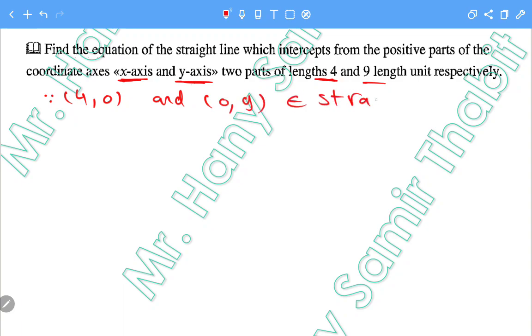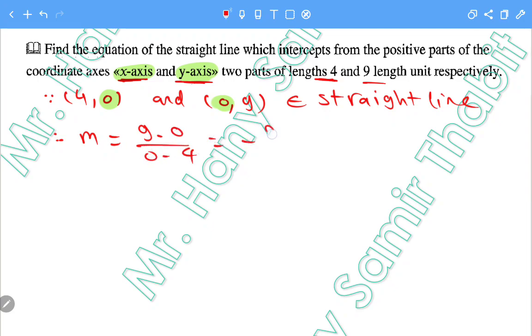How can I get it? Intercept x-axis means y equals 0, and intercept y-axis means x equals 0. Then m equals slope equals y2 minus y1, 9 minus 0 over 0 minus 4, which is negative 9 over 4.